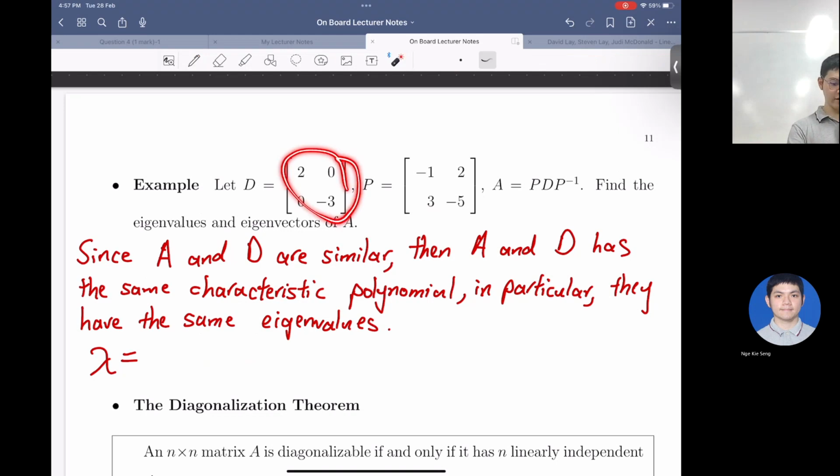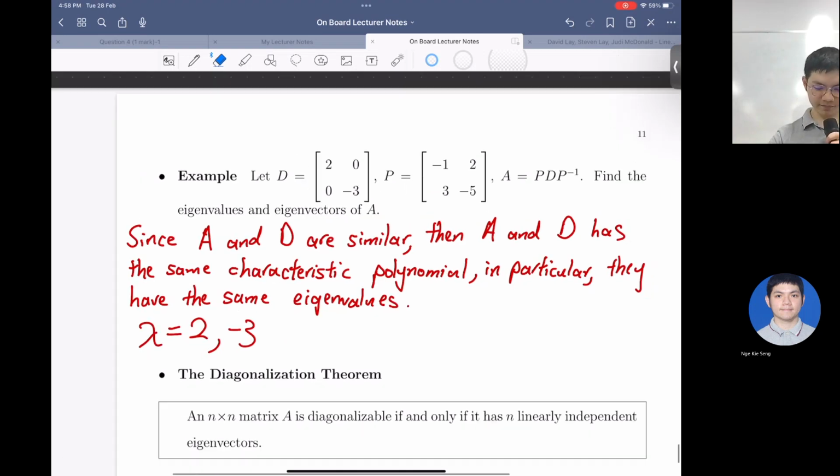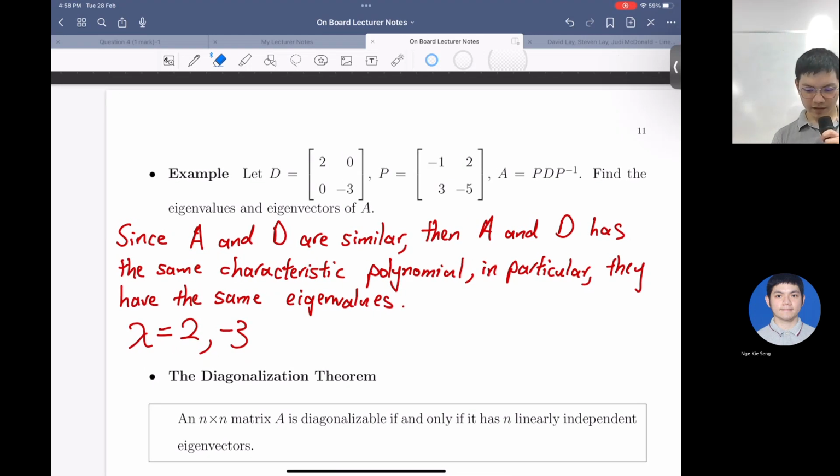What's the diagonal entry of D? It is 2 and minus 3. So 2 and minus 3 are the eigenvalues of A.